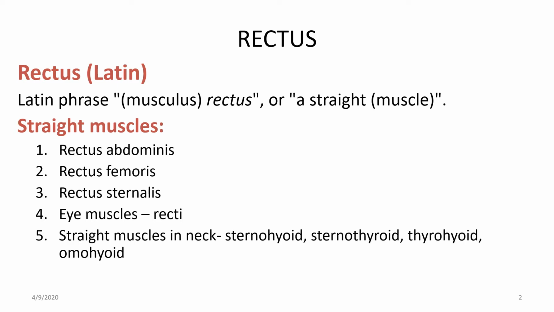Then there are certain straight muscles in the neck: the sternohyoid, sternothyroid, thyrohyoid, and omohyoid. So now you know what is meant by the term rectus, what is rectus femoris, what is rectus sternalis, what are the recti muscles in relation with the eyeball, and what are the straight muscles in relation with the neck.